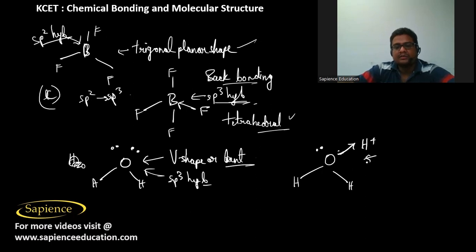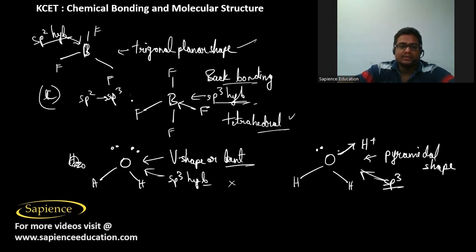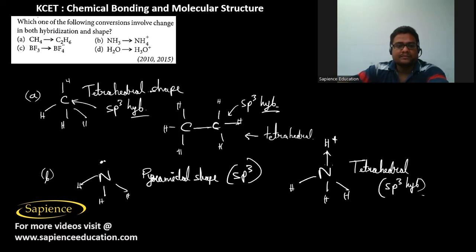So here, three bonds and one lone pair, the shape will be triangular pyramidal, and the hybridization also will be sp3. So here the hybridization is not changing, but the shape is changing. But in option C the shape has changed, and the hybridization of the central atom has also changed. So option C is the correct answer.